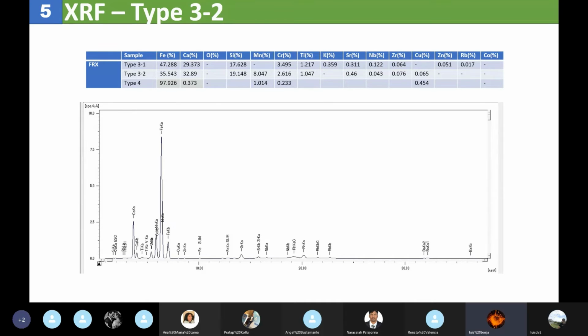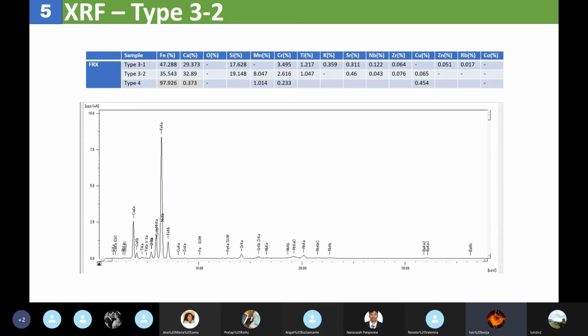Similarly for the type 3.2, there is a stronger peak with a high intensity for the iron energy. Also, the major compounds are calcium, silicate, and iron.